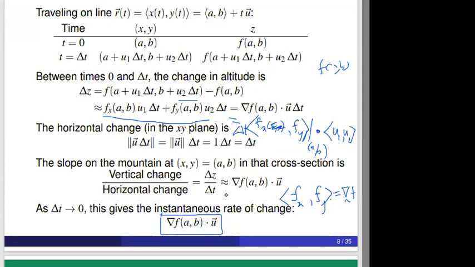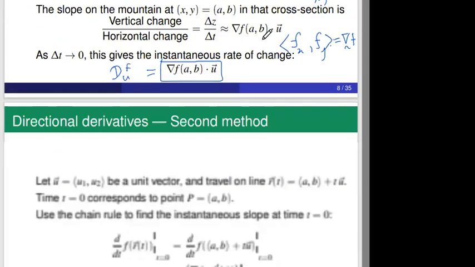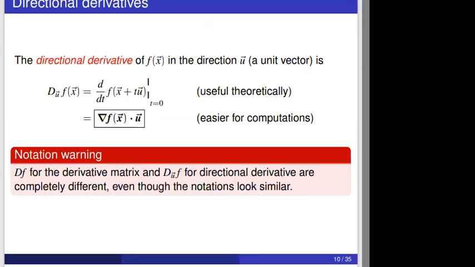So this is the directional derivative. How do you write the directional derivative of f in the direction u? So here we go: the directional derivative of f in the direction u is equal to this.